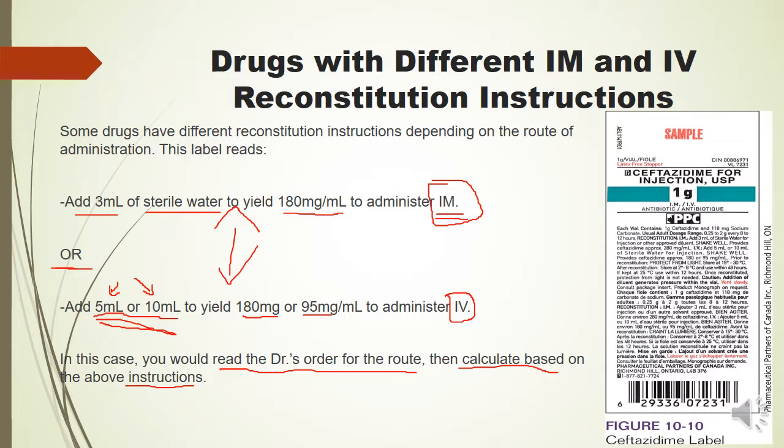So you can add a larger amount of diluent. In this case, we would need to read our physician's order to establish the route. Then, once we've established the route based on physician direction, we calculate as per the above instructions for whichever of the two we need.